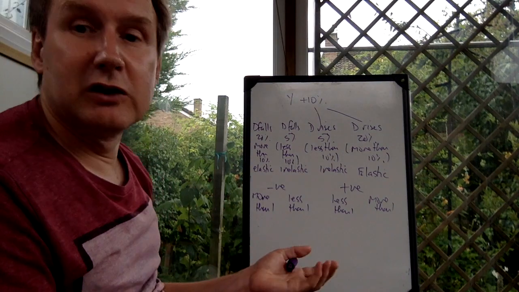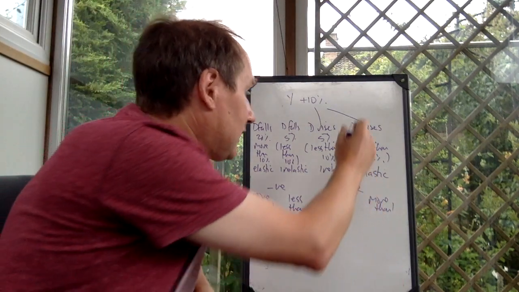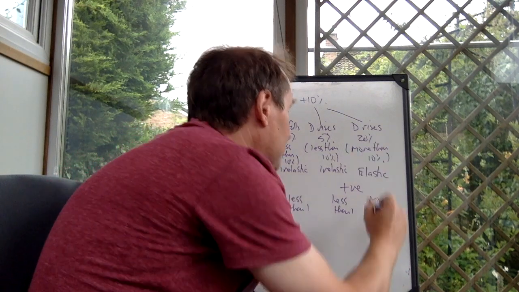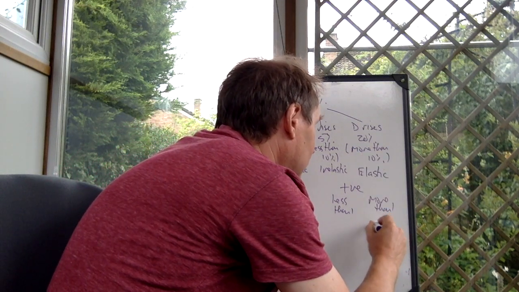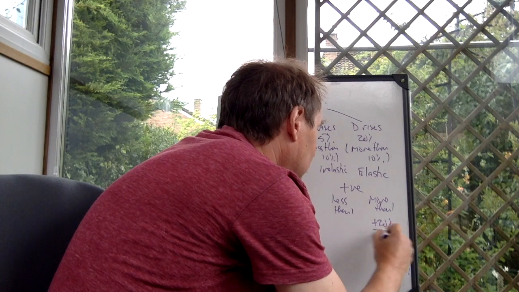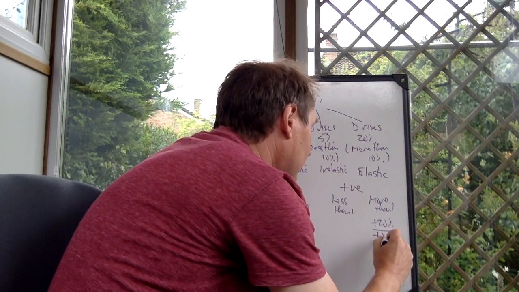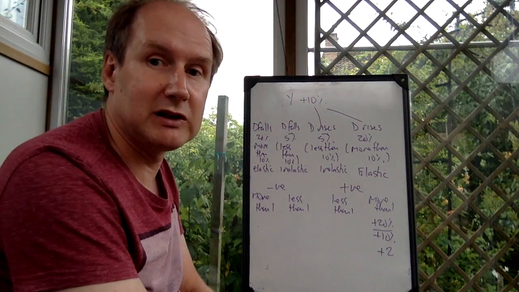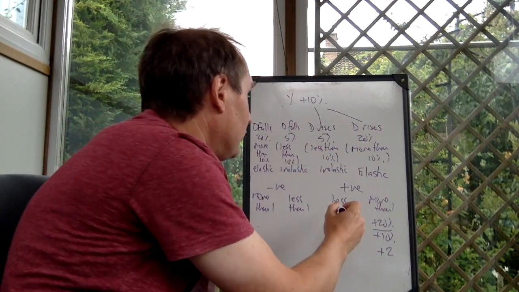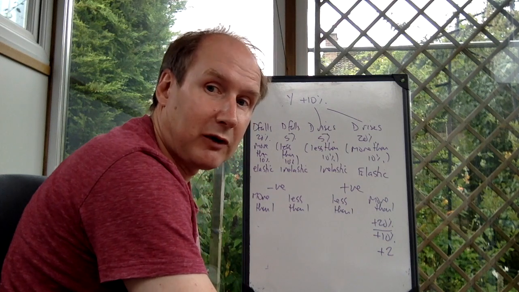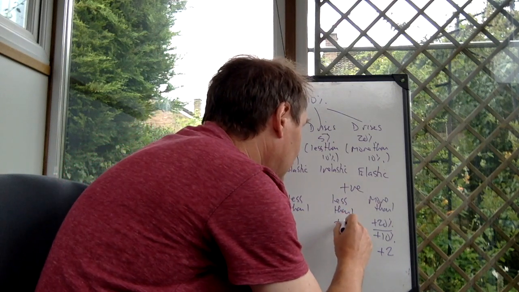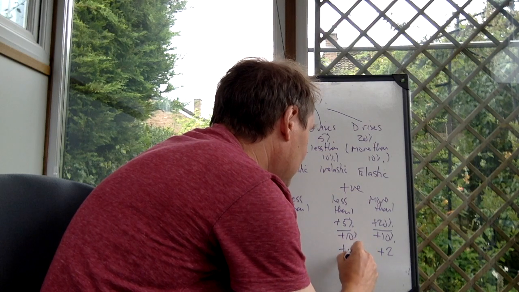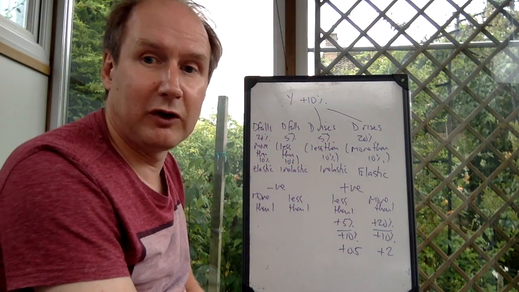We can see that if we just use the formula, the percentage change in quantity demanded divided by the percentage change in income. The percentage change in quantity demanded here is plus 20%, the change in income is plus 10%, so income elasticity of demand is plus 2, which is elastic. Here, income rises by 10%, demand rises by 5%. That's plus 5% over plus 10%, which is plus 0.5.